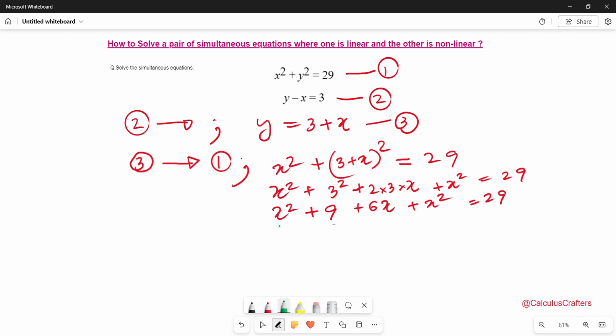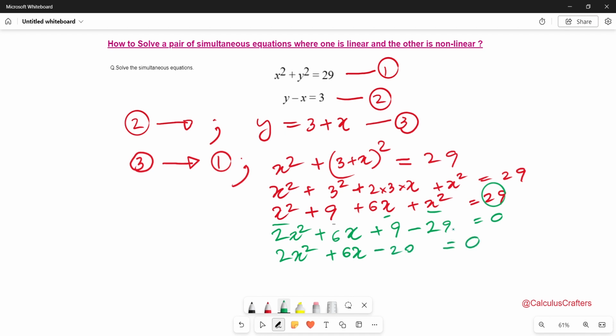So we can see 2x squared, then let's add them together: 2x squared plus, there is only one with x, then 6x plus 9. Let's bring that 29 to the left hand side of the equation. Then it comes there as negative 29 equals 0. 2x squared plus 6x, positive 9, negative 29 is negative 20, equals 0.